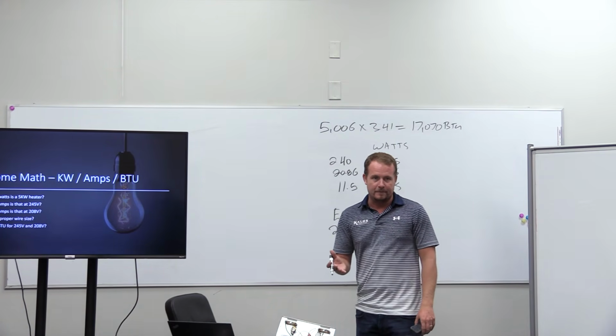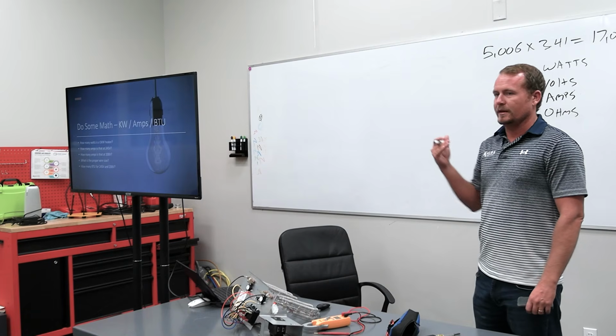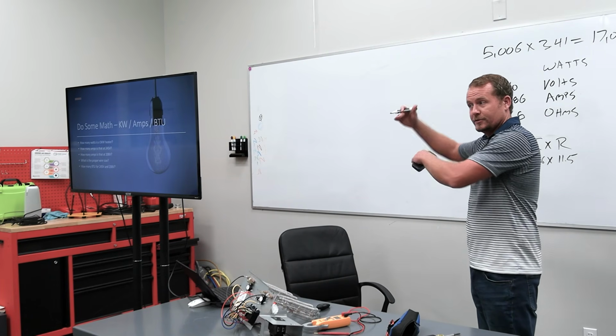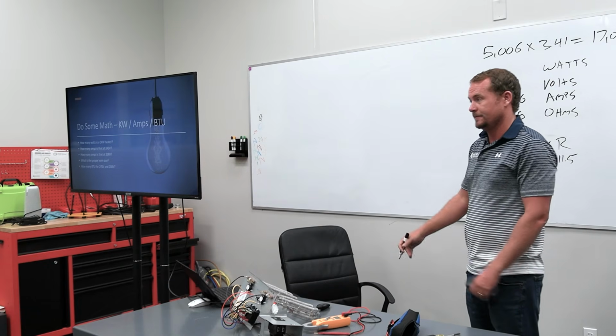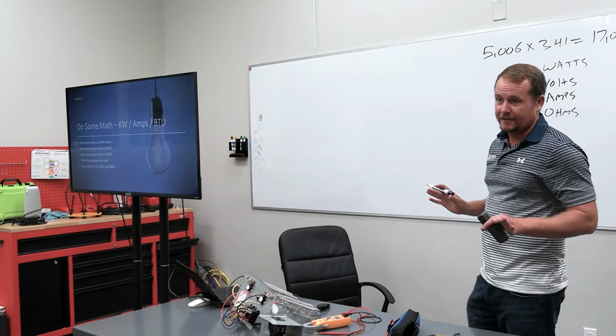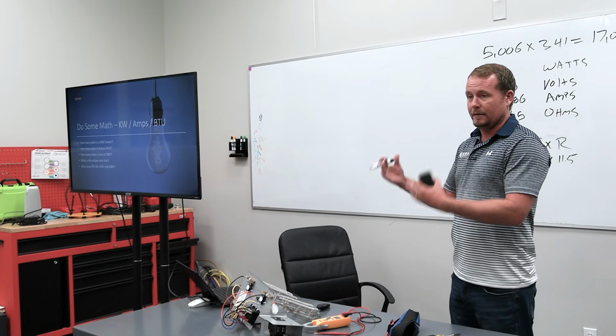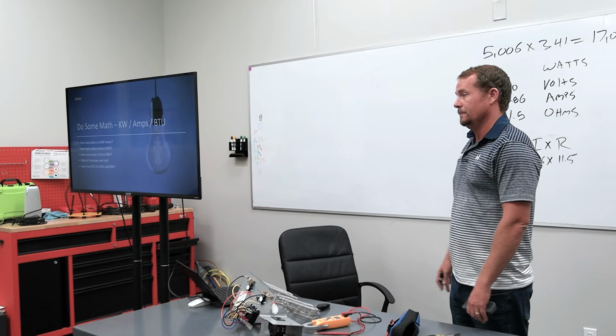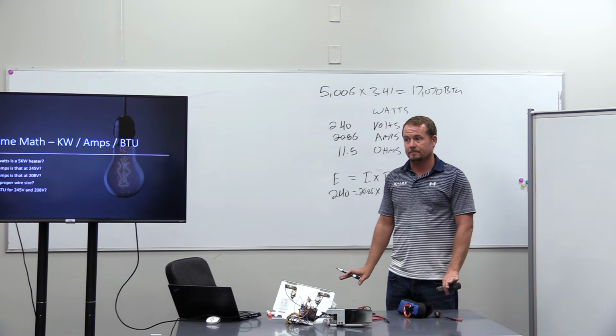You have a fixed resistor. And now depending on the voltage that we apply, that changes the amperage. And once we have the amperage and voltage, that gives us our wattage, which then gives us our BTUs. And you can see that 10-volt difference not insignificantly impacted the amount of BTUs that we output. If we drop this down to 208, it's going to be a huge drop in the output. Make sense? Everybody get that?